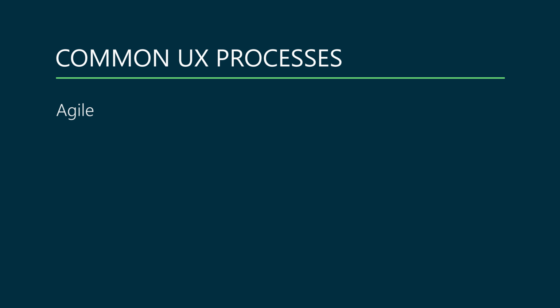The second process we're going to talk about is one called design thinking. And just as we said, Agile is not really a UX process, design thinking is not a UX process either. It's a design process. Very popular in terms of design. It's not about creating software.